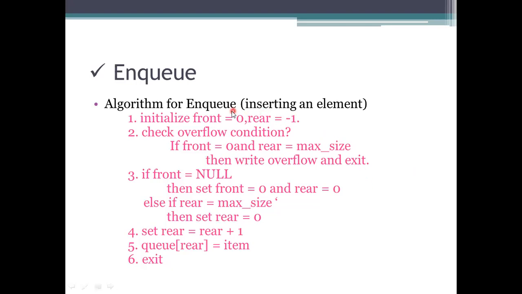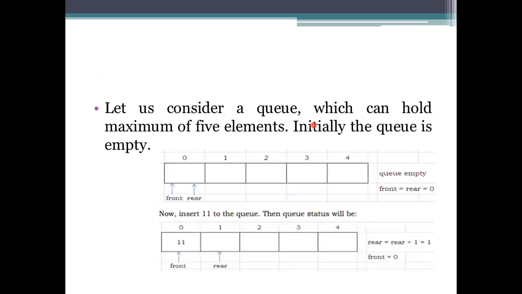Algorithm for entering the element into the queue, that is inserting an element, and after that we have the dequeue. First, we need to initialize the pointers. As I said, we have an array-like structure. We will start from 0.